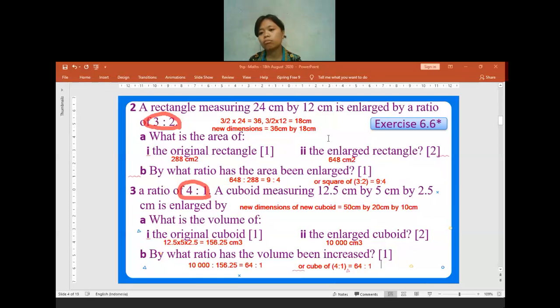Is there anyone? No? Okay, if you have no confusion, let us move to question 3. Oh sorry, let us move to exercise 6.7. Are you done copying, or do you still need some time to copy? Okay then.